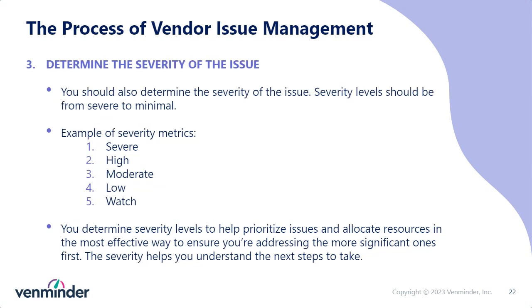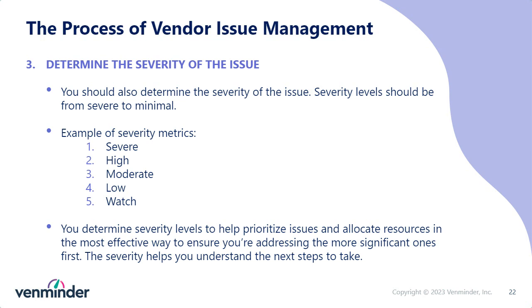Now, as part of that tool, we really want to have something that can gauge the severity of the issue. So we want to look at things that are pretty low level, like maybe that vendor communication. Maybe that's just something we want to watch, to the opposite end of the spectrum, which might be a security breach, which would be severe.